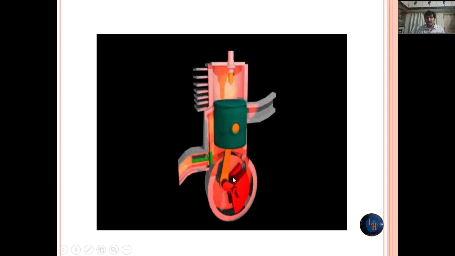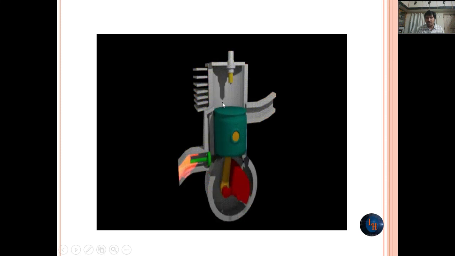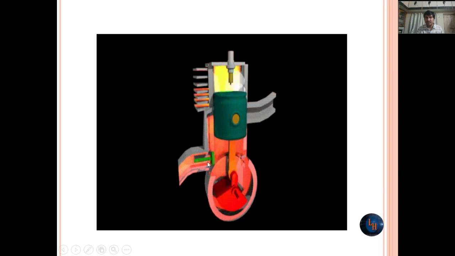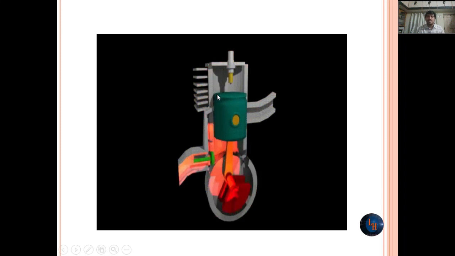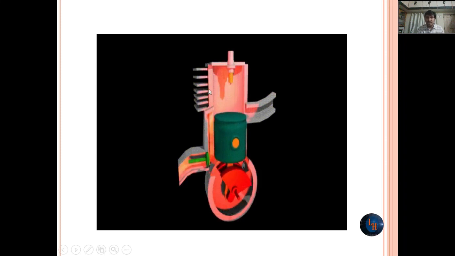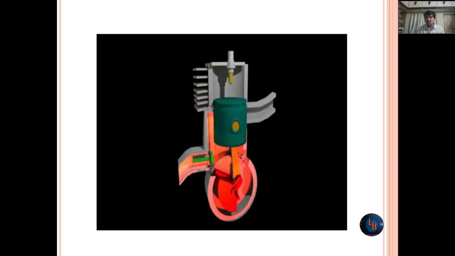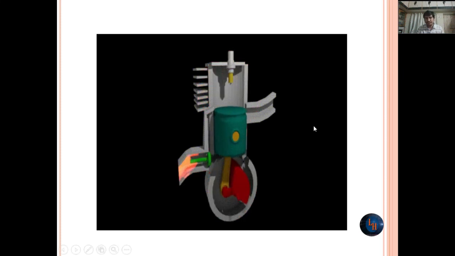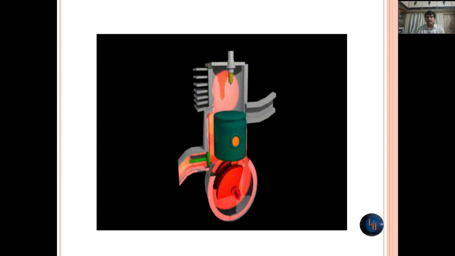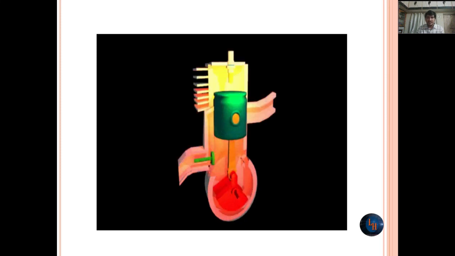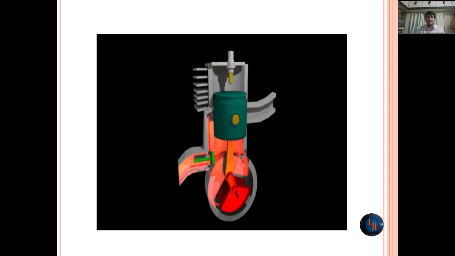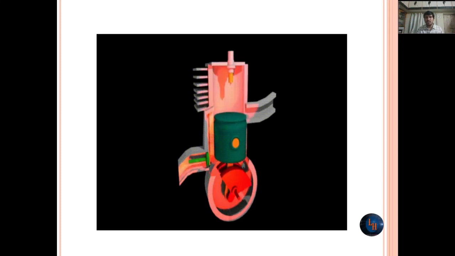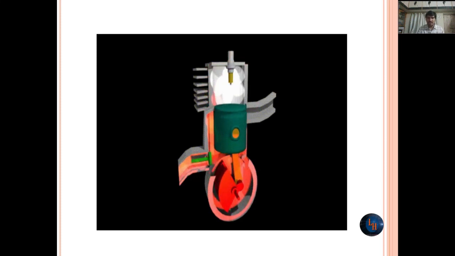This compressed air is transferred through the transfer port, and this fresh charge coming from the transfer port also pushes the exhaust burnt gases out into the atmosphere. This is how our two-stroke diesel engine works.